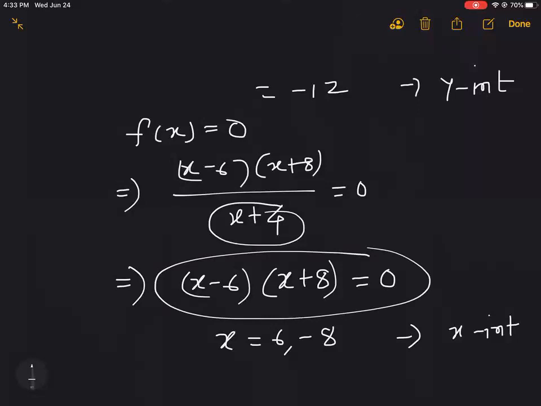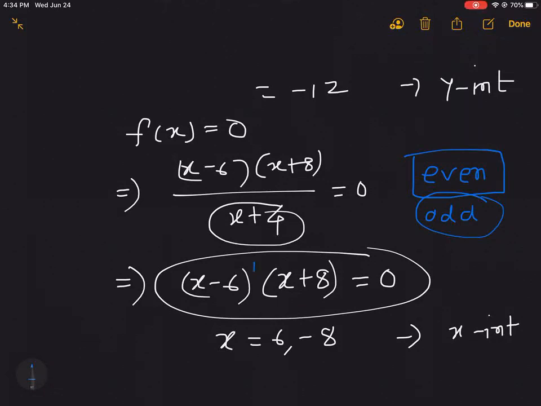Let me quickly take you to the flashback. If you have an even multiplicity, that means your graph will touch that point, but it will not cross it. And for the odd multiplicity, your function will actually cross the x-axis at those points.